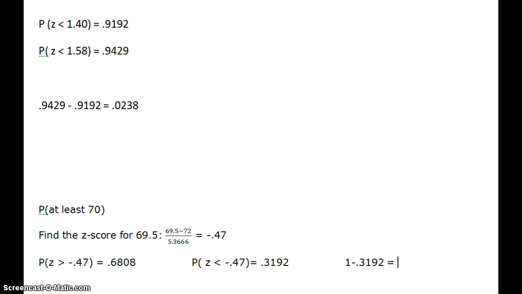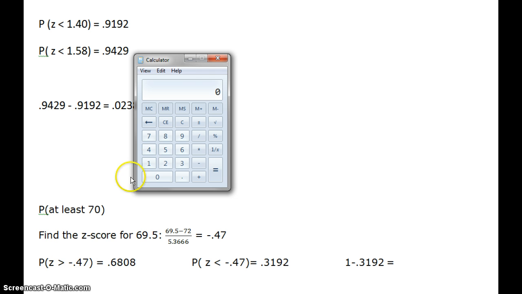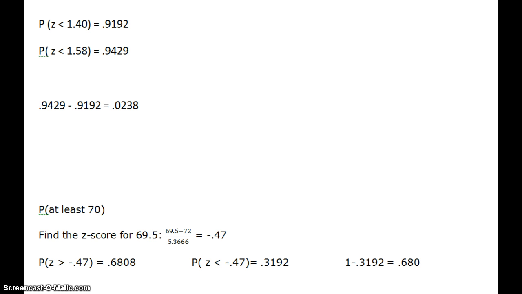You can do the 1 minus trick if you like that method better and actually look up the number that's been given to you. 1 minus 0.3192, and you get 0.6808, which is the same answer. So my preferred method that I personally like is just looking at the opposite if you're finding greater than, which is the opposite of less than. But you can also look up the number that's given, which tells you the less than, and then do the subtraction.